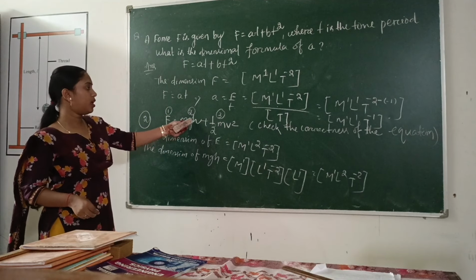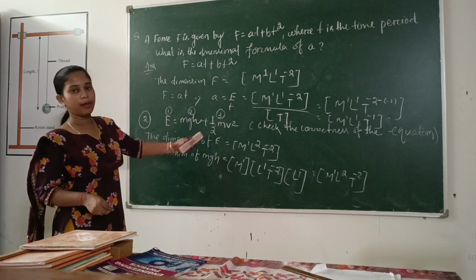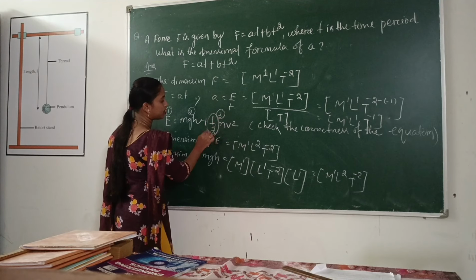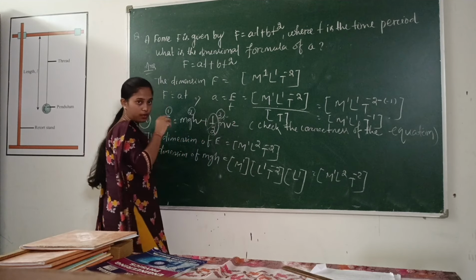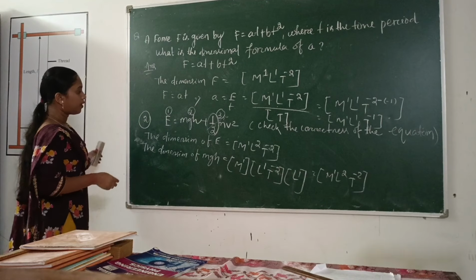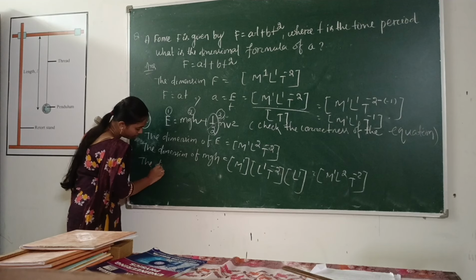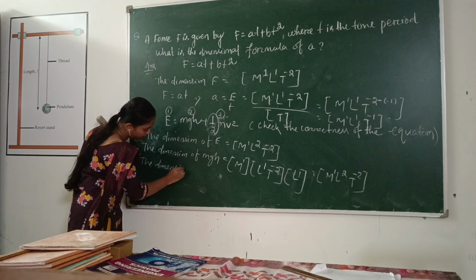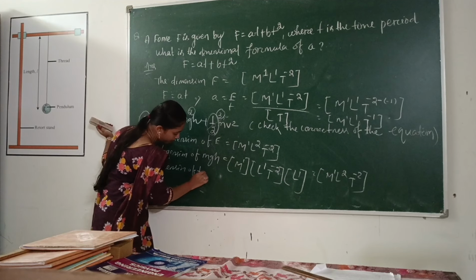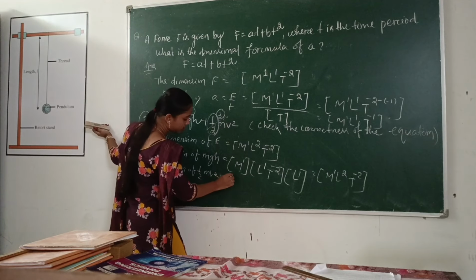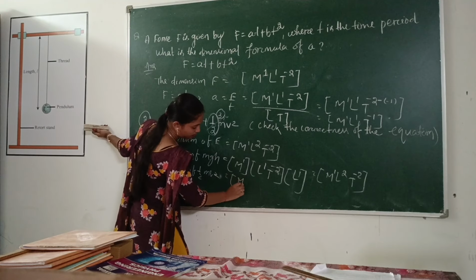Then the third term, half mv square. We know that half is a non-dimensional constant. So there is no dimension for 1 by 2. We have to find the dimension of mv square. So the dimension of half mv square: 1 by 2 is the non-dimensional constant, v is the velocity and m is the mass of the object.